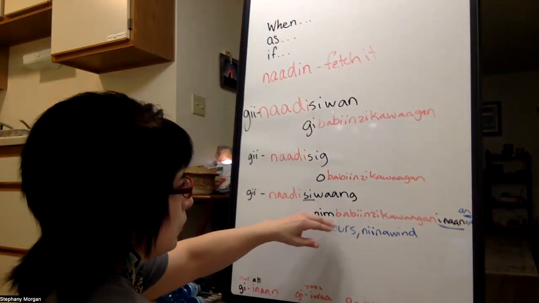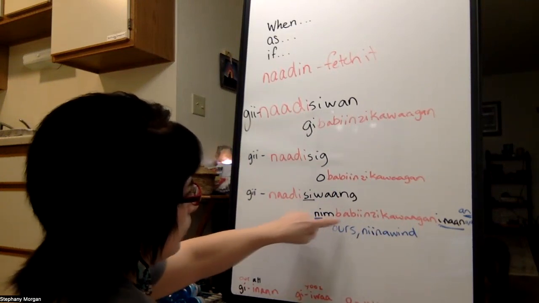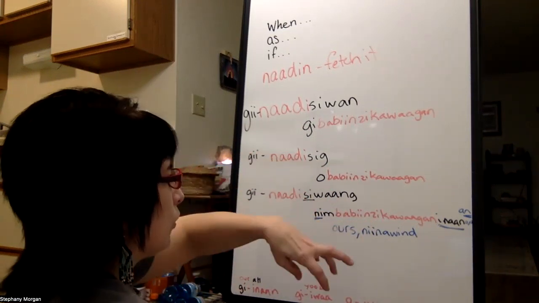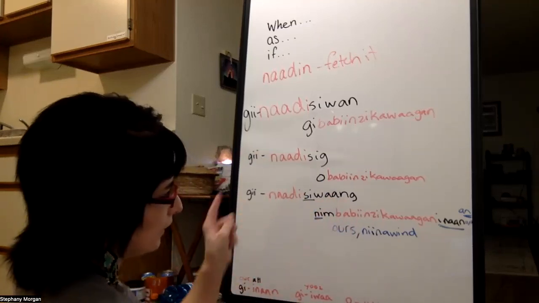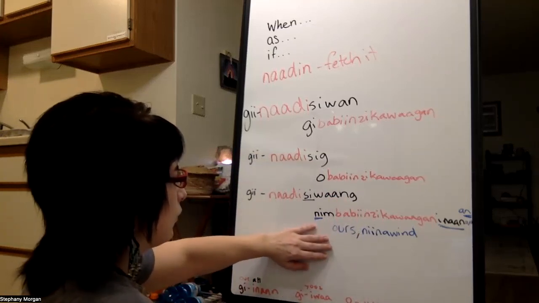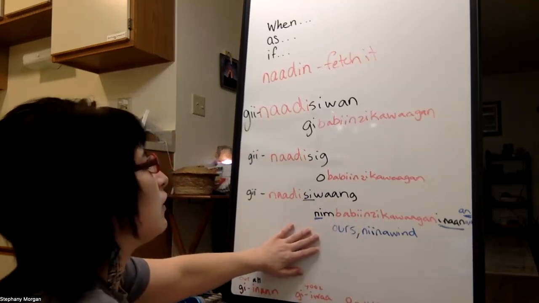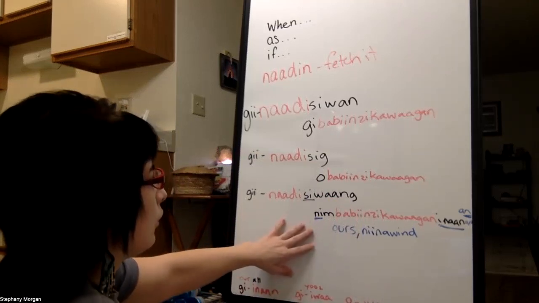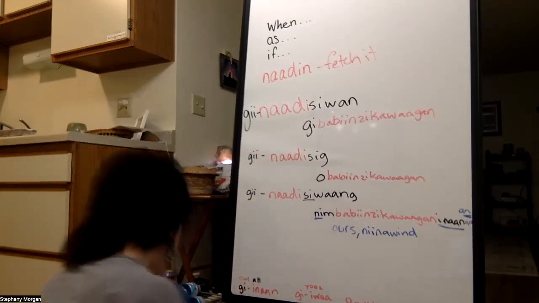Ge mashkimod iwan, and I would have ge mashkimod, and then iwa is the your plural backpack, but since there's more than one backpack, I had to add an N. So I said that a lot, and so I'm going to go over these things because you're probably going to be using plural possessives for nouns and for plural nouns when talking to students. And so I'll keep bringing it into the lessons.